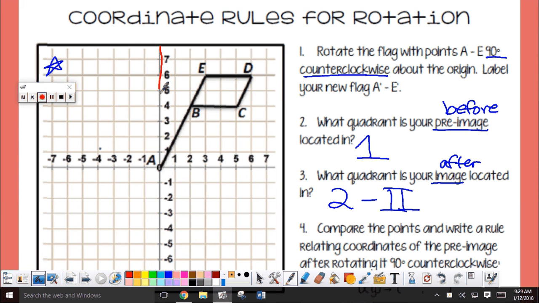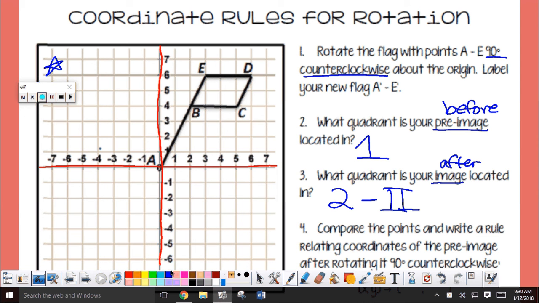Now this looks like it's the x-axis. This looks like it's the y-axis because we've totally turned the picture on its side, which makes sense because now everything's opposite. So now we can actually write down the points of our new picture, of our image.